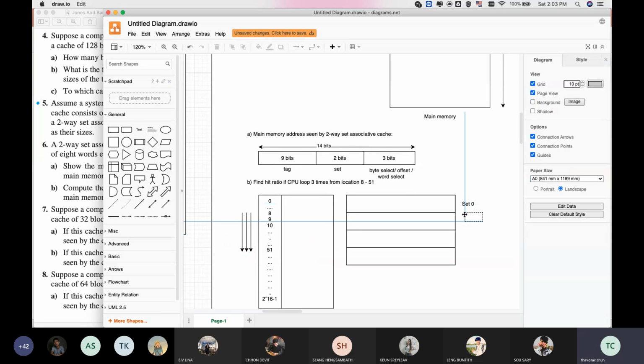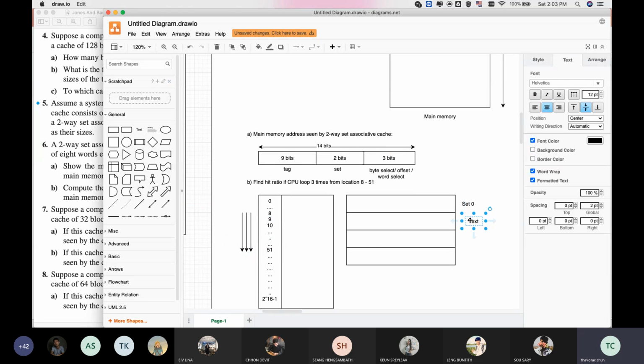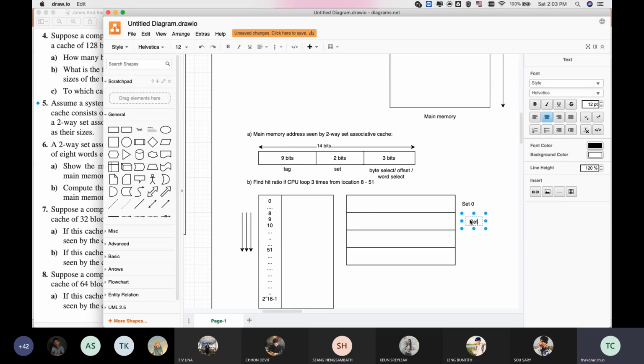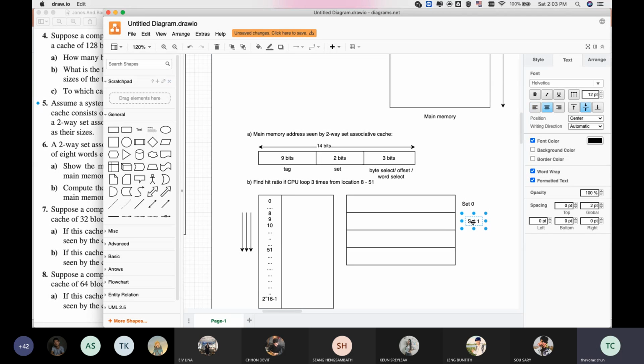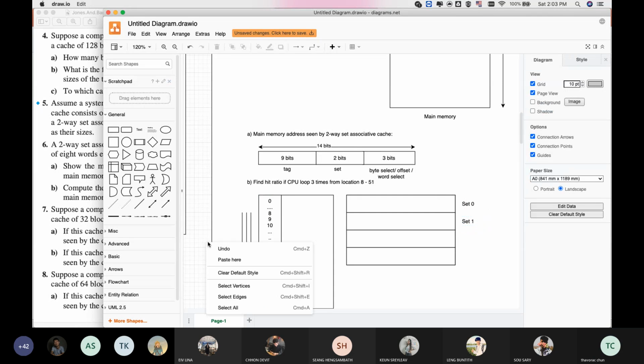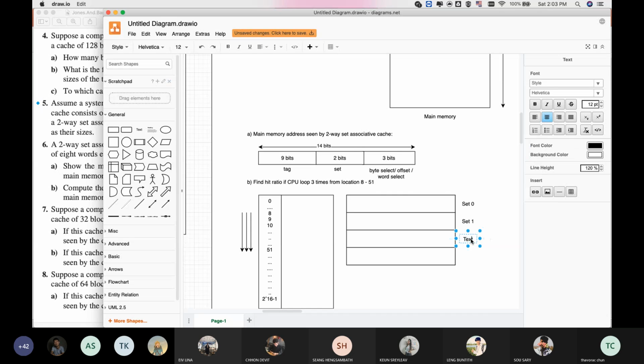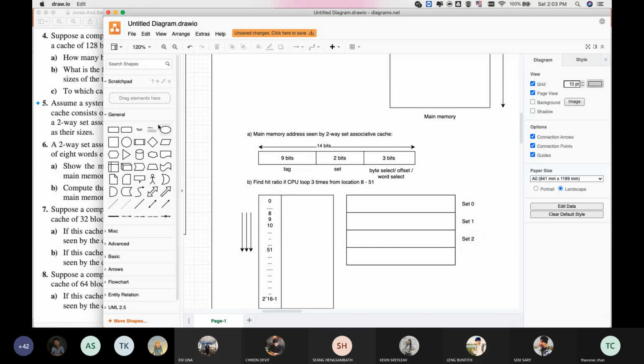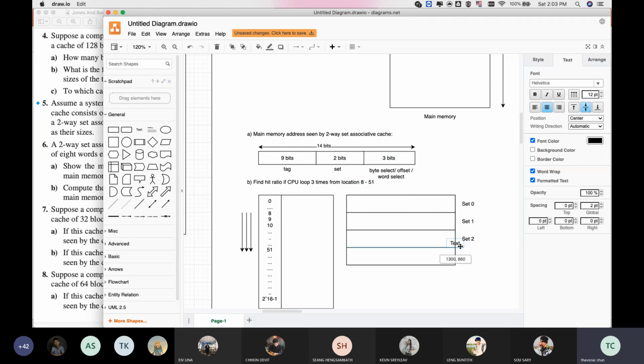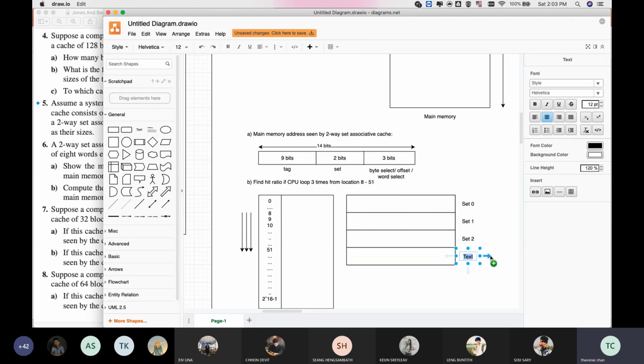We need to draw it more carefully, this one, because if not, it's hard to understand what's going on. Set 1, and this should be set 2. It should be set 3.